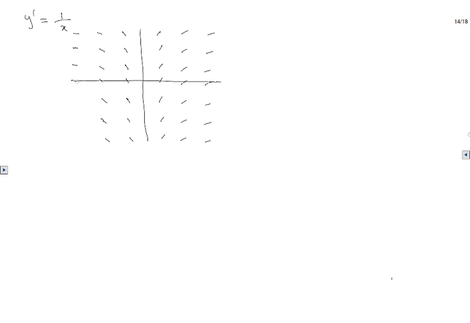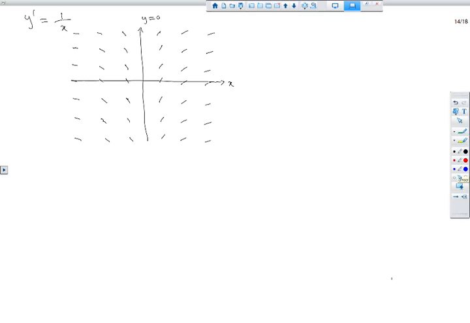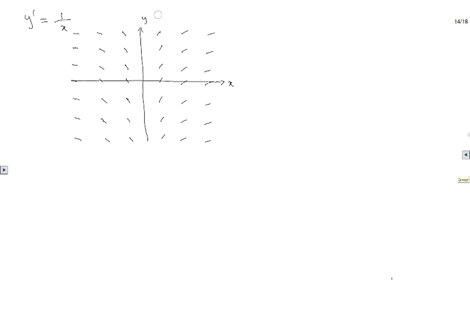That's the shape of the directional field, because it does not depend on y, so the segments are kind of parallel. Okay, that's the directional field for this differential equation. This is the x, and this is the y. You can see that you cannot draw a directional field for x equals 0.